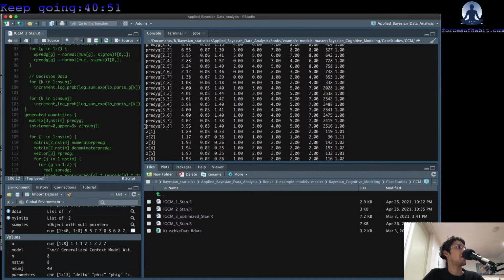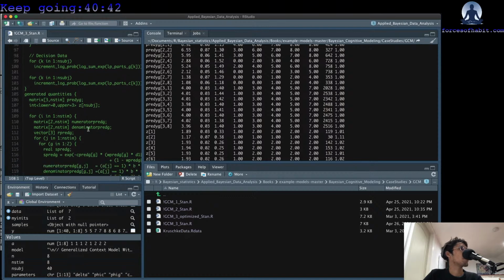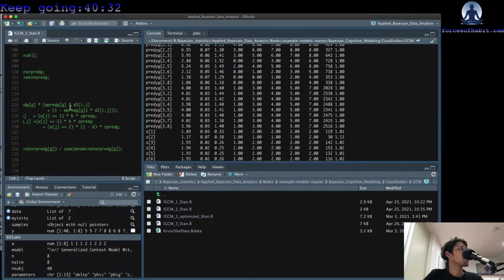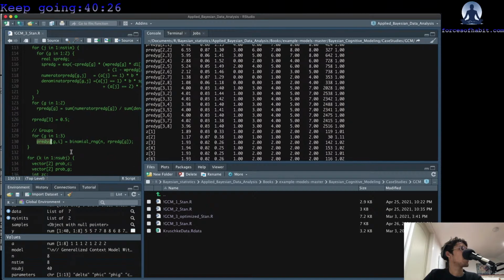So this is each of the stimuli. This is the predicted counts for each of the items, for each of the groups.